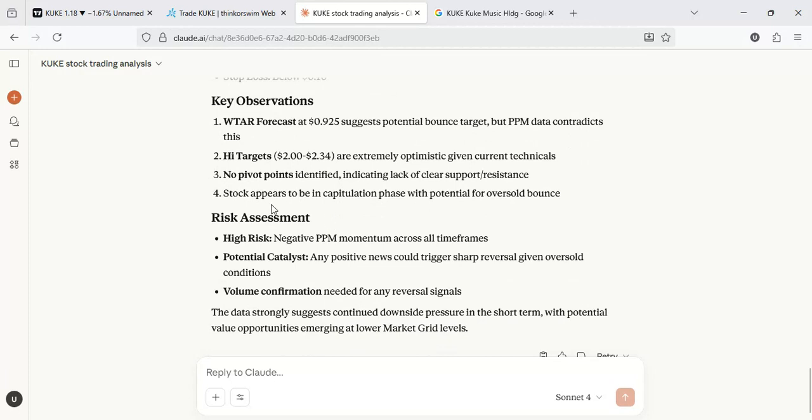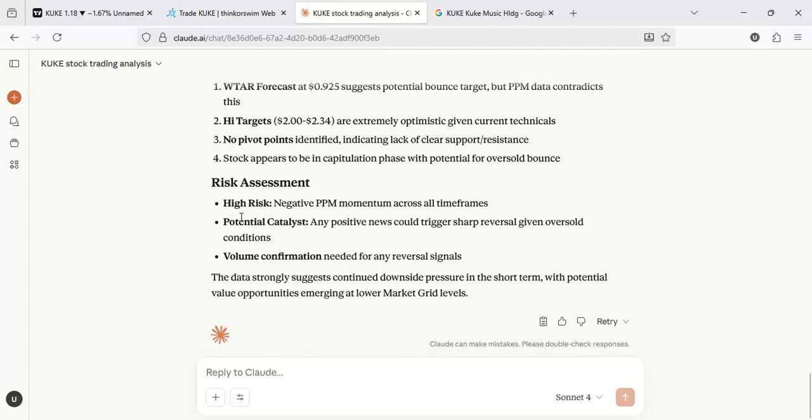The stock appears to be in a capitulation phase with potential for an oversold bounce. Risk assessment: high risk, with negative price pressure momentum across all time frames. Potential catalysts: any positive news could trigger a sharp reversal given oversold conditions. The data strongly suggests continued downside pressure in the short term, with potential value opportunities emerging at lower market grid levels.